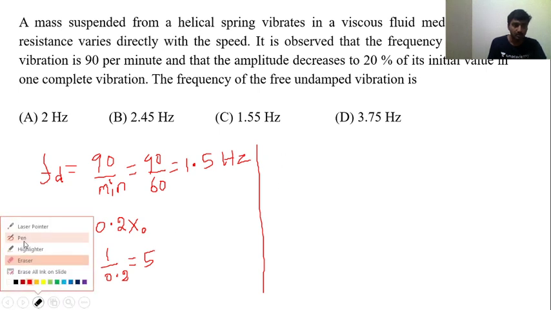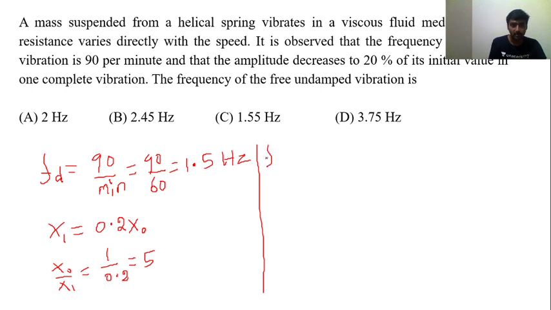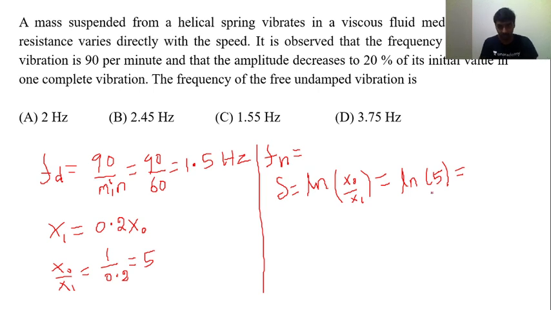Here, to identify the value of fn, we need the value of omega n. For that, first we require the value of zeta. For that, we get delta. So delta is equal to ln of x0 divided by x1, that is ln of 5. So the logarithmic decrement is the natural logarithm of 5, which is 1.609.